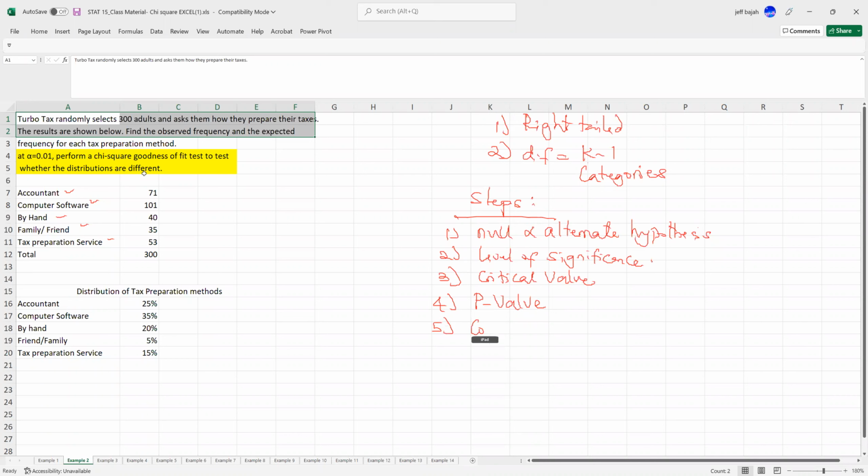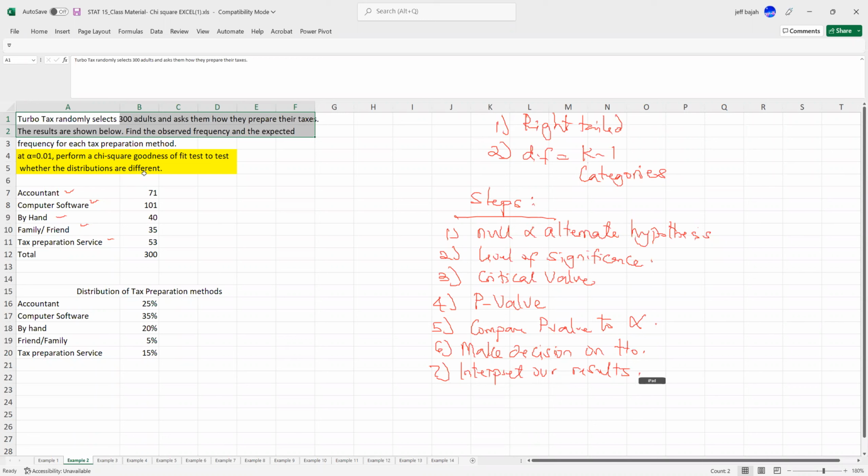So you compare your p-value to your level of significance, and then we'll make a decision based on H sub O, either to reject or fail to reject H sub O. So we'll now make a decision on H sub O. And then we now interpret our results.